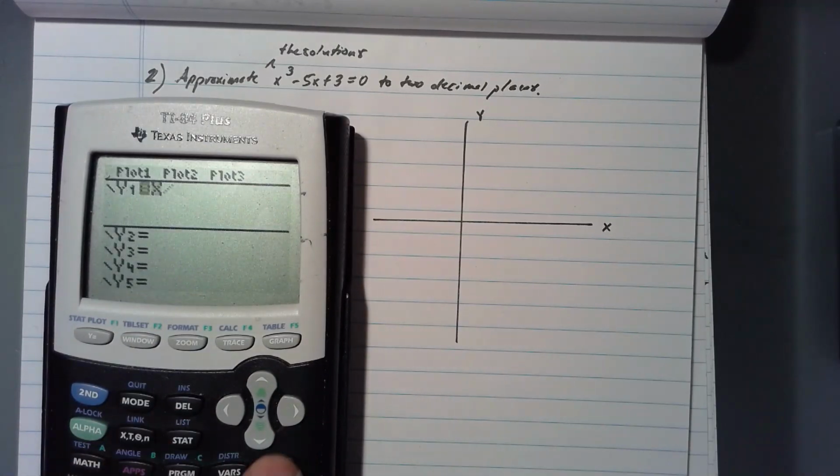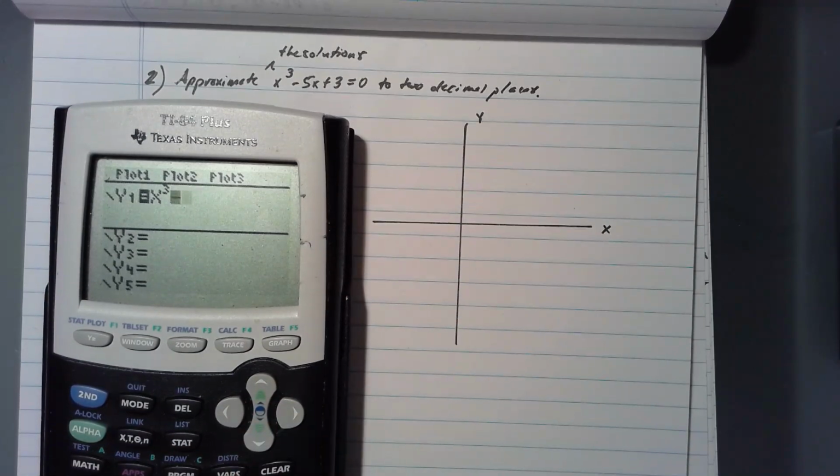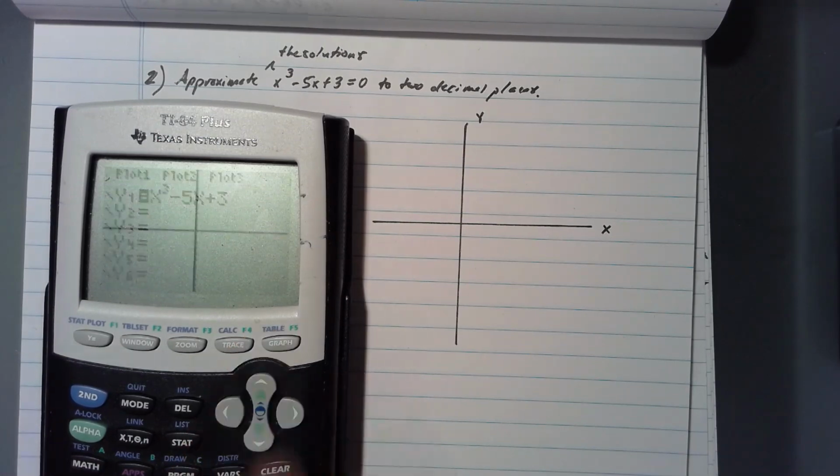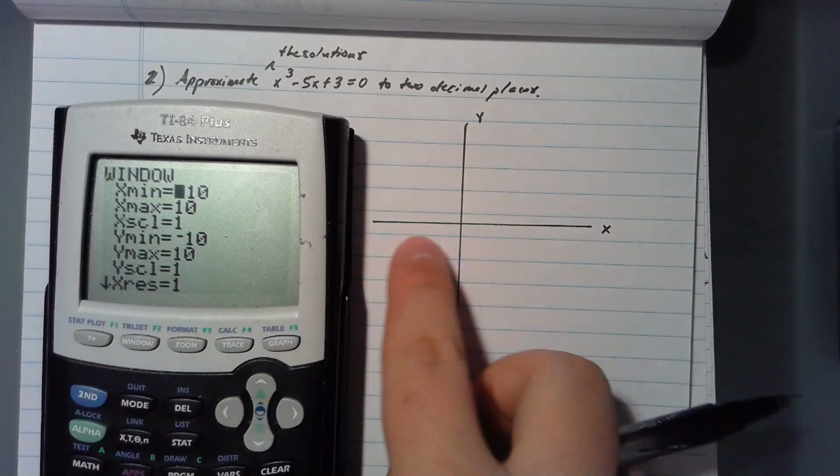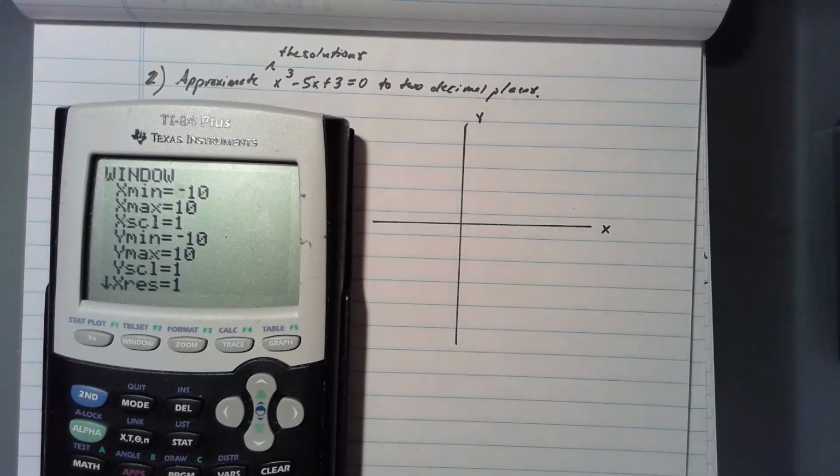X to the third power minus 5x plus 3, and graph it. And there it is. So my window is adjusted from negative 10 to 10 in the x direction and negative 10 to 10 in the y direction.